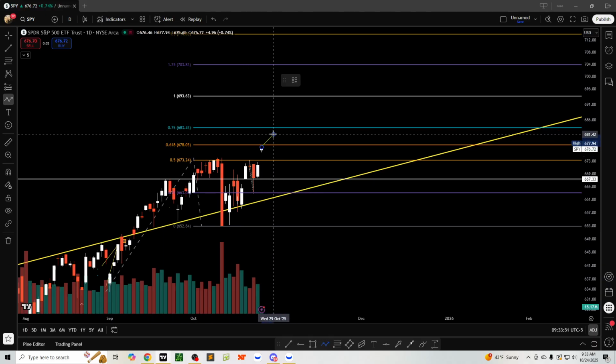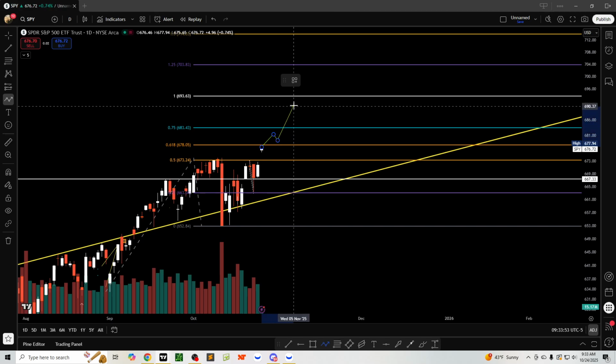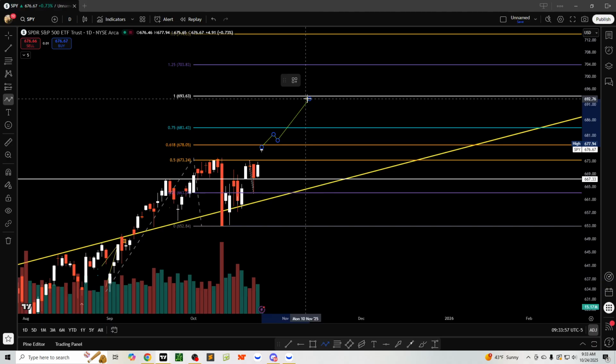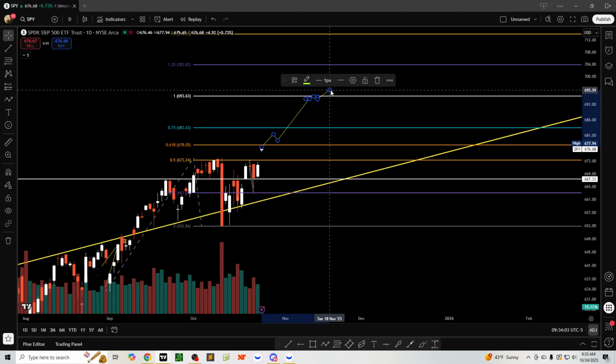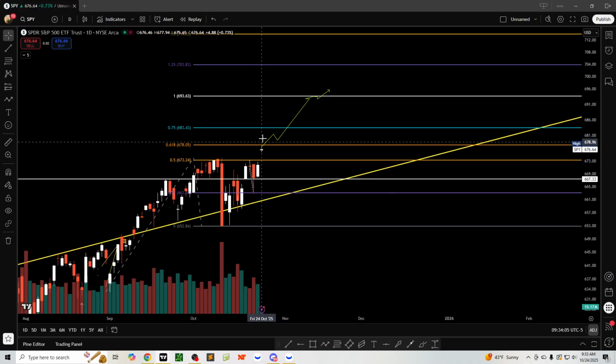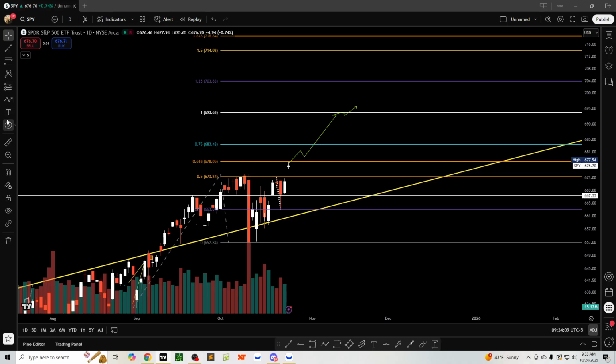If we can get a full weekly candle, open and close, so a confirmation, above 678.05, then 693.63 has a 72% probability of happening.